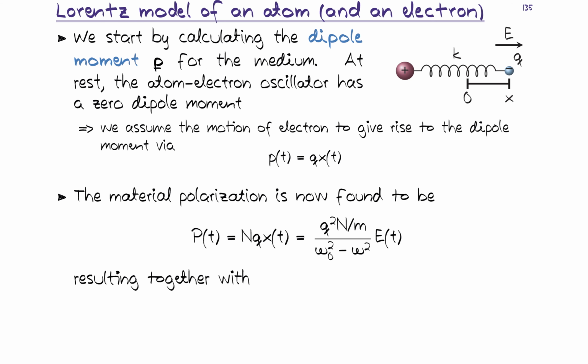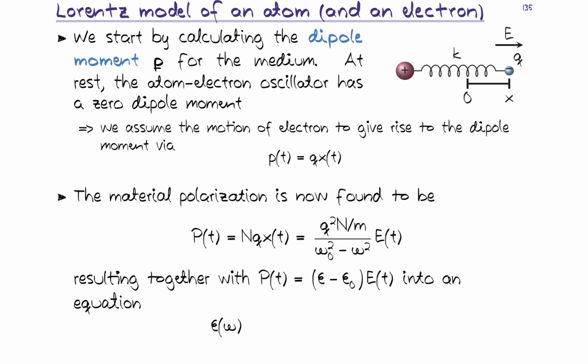And now, remembering that the macroscopic material polarization P can also be described as the dielectric constant epsilon minus the dielectric constant of vacuum times E, we can combine these together, and then we can actually write an equation based on the Lorentz model for the dielectric constant of the material.